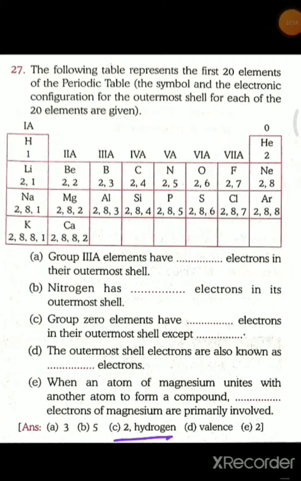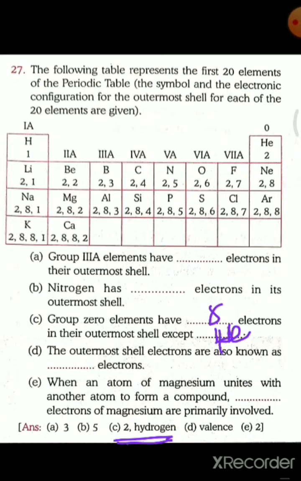This answer is wrong, because group 0 elements generally have 8 electrons. Yes or not? But except helium. Helium only has 2 electrons in the outermost shell. So here you will write group 0 elements have 8 electrons in their outermost shell except helium.